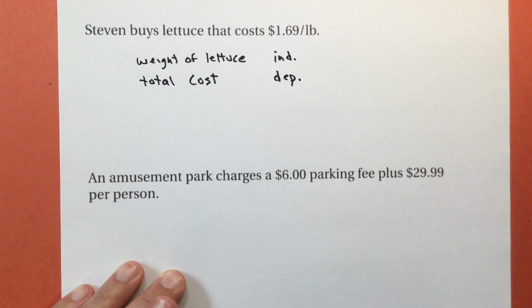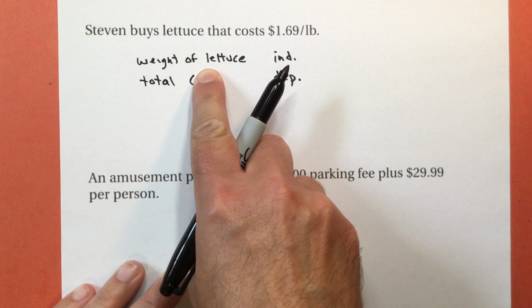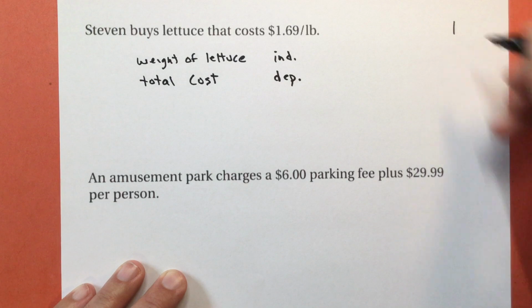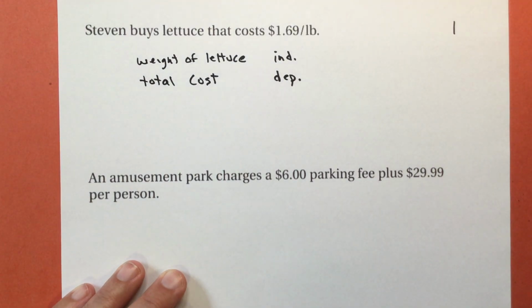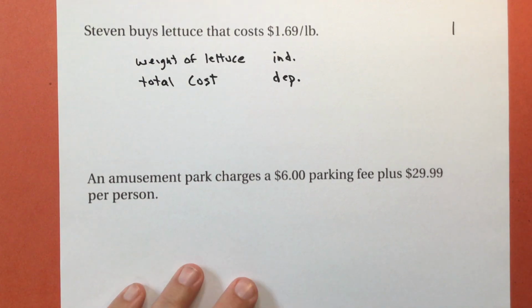Now, let's pick some letters that stand for the variables. You'd be tempted to pick L for lettuce. But look at that L. If I just write it, it looks like the number 1. Even though we want to use letters that stand for things, we want to make sure things are not ambiguous and are clear. So we're going to avoid using L when we can.